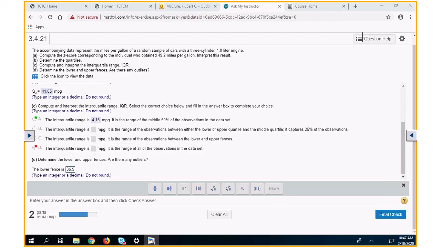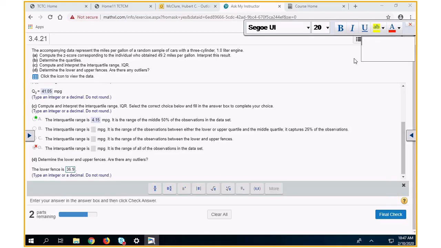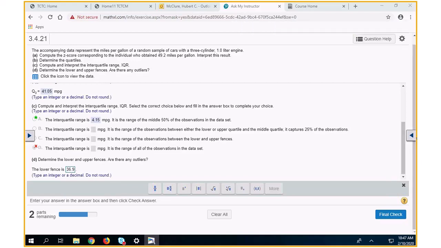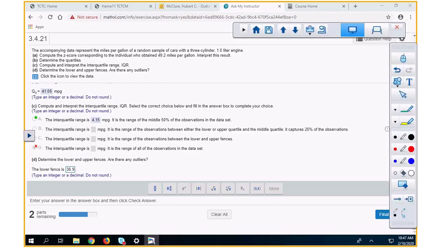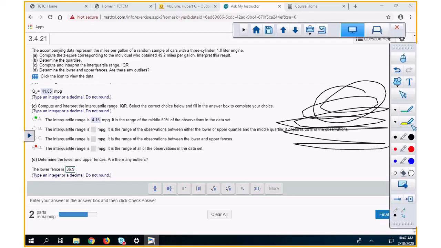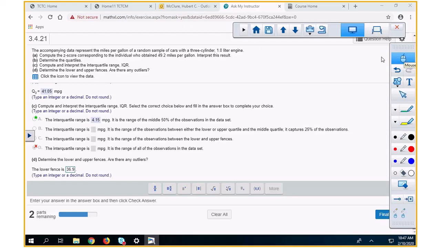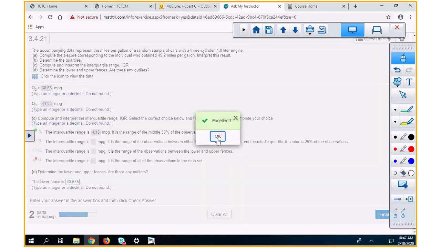There's something definitely wrong with this thing. Yes, there we go. What'd you say? 30.675. It doesn't say round. It says do not round. 30.675. There, choke on it.